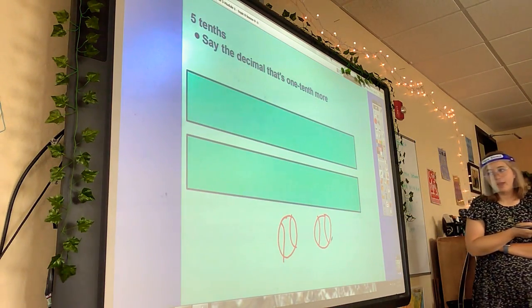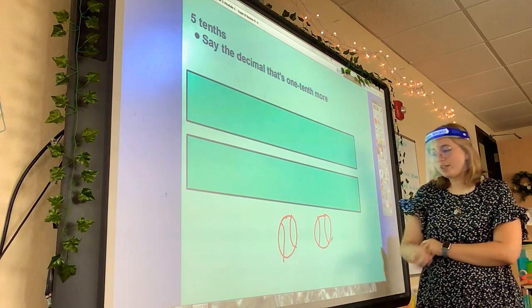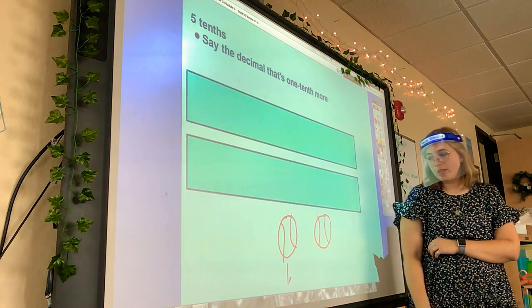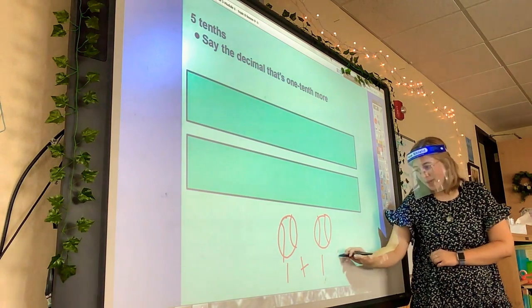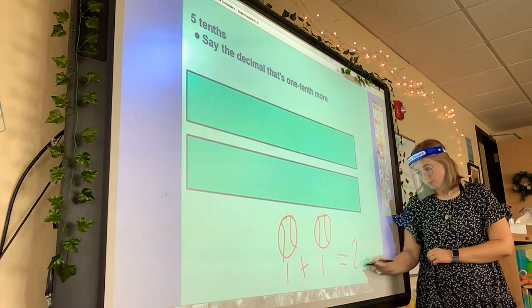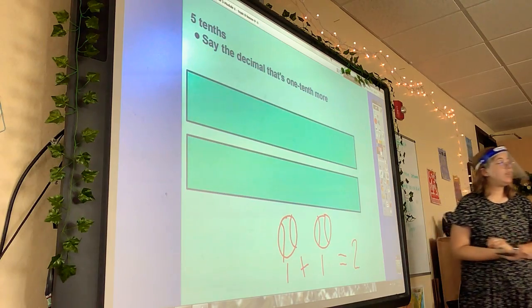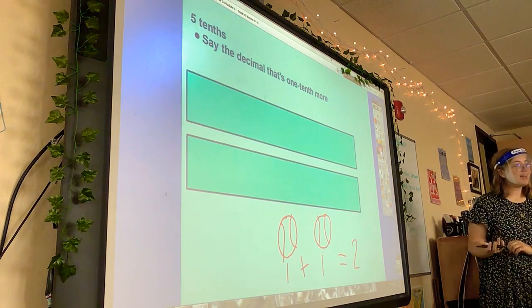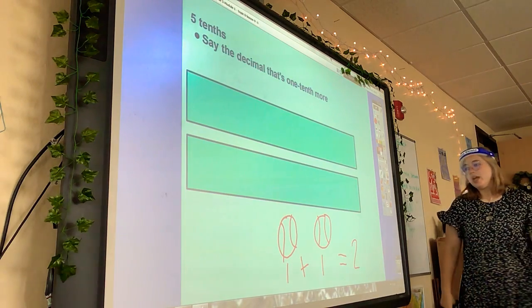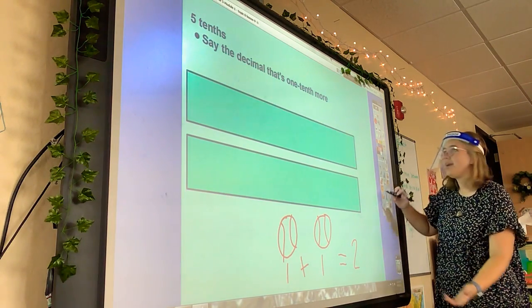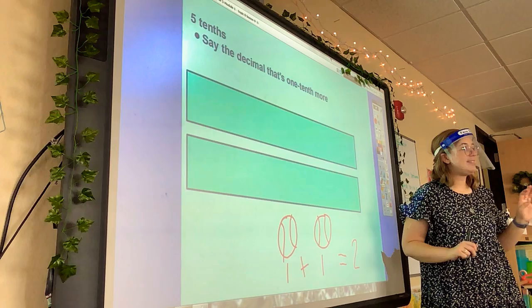Two tennis balls, okay? So I started with one tennis ball, and I added another tennis ball to give me how many tennis balls? Two. Okay? We know that math, right? You guys know 1 plus 1 has a total of 2, okay? So you guys are aware of that. We're doing the exact same thing today.